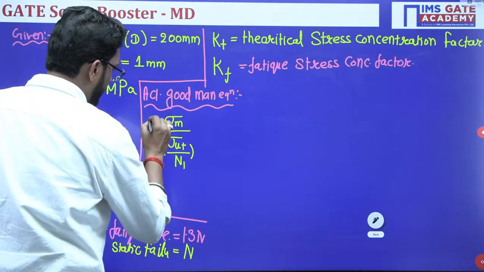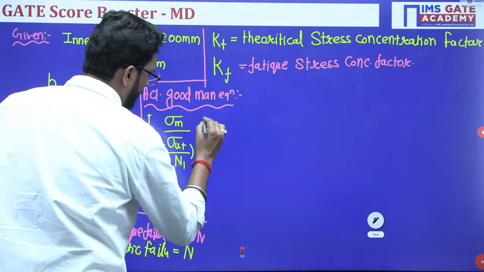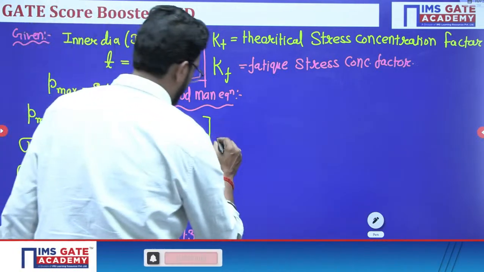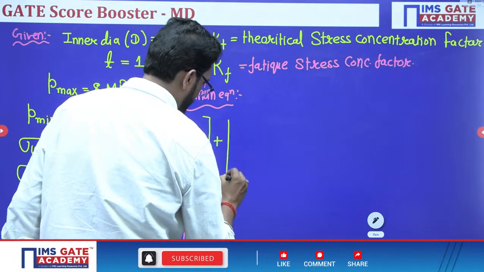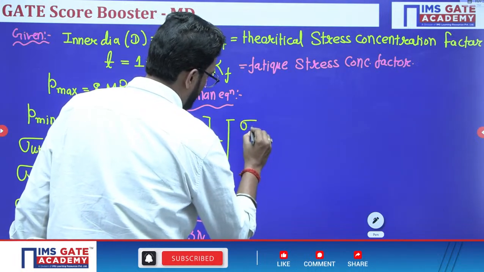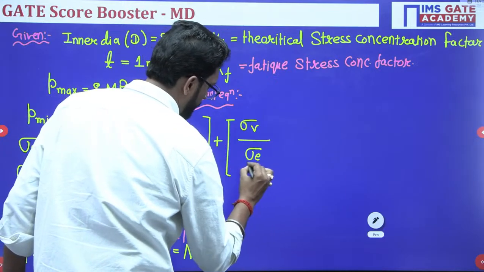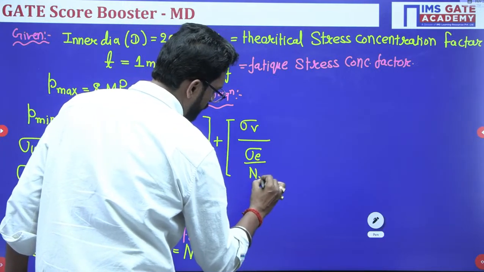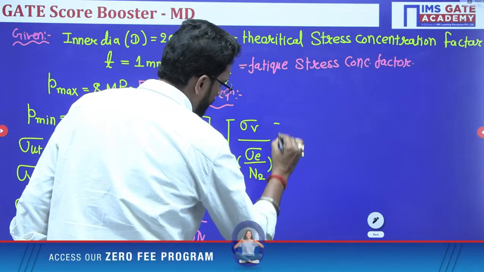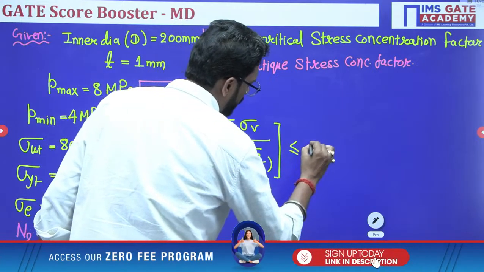Plus sigma v divided by endurance limit divided by N2. This is the variable part, less than or equal to 1.